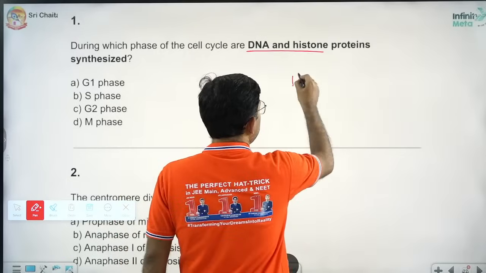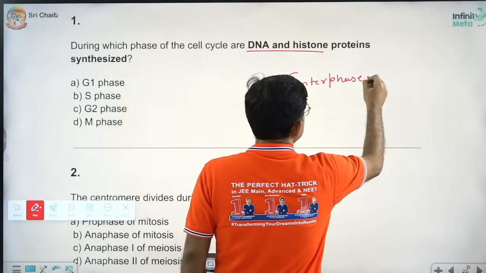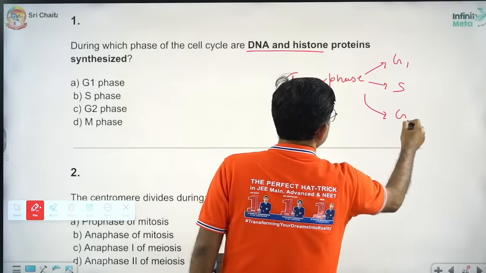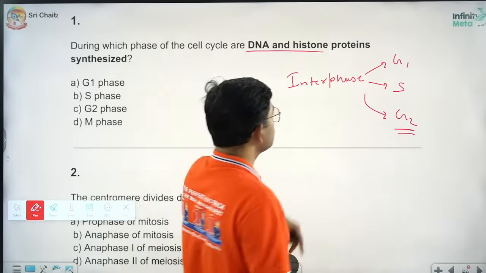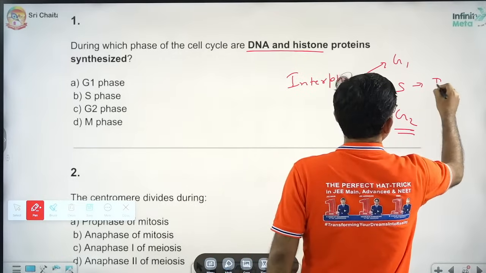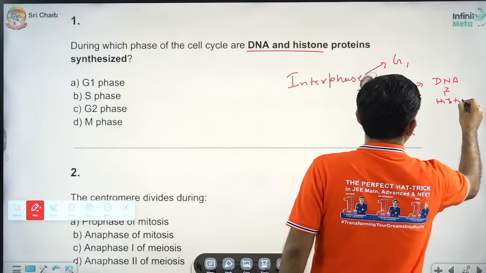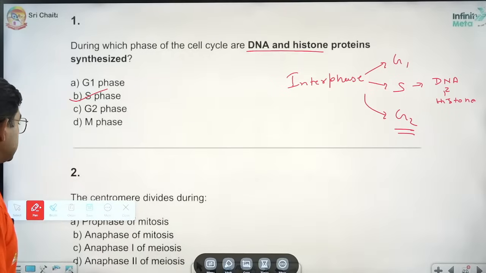We know that interphase has 3 stages: G1 phase, S phase and G2 phase. So DNA and histone are synthesized in S phase. Let's see here, they are synthesized in S phase.